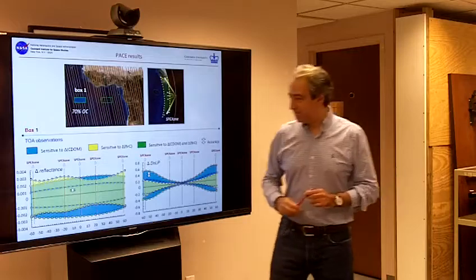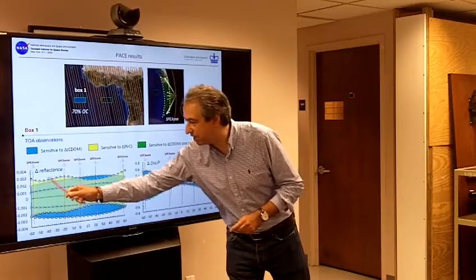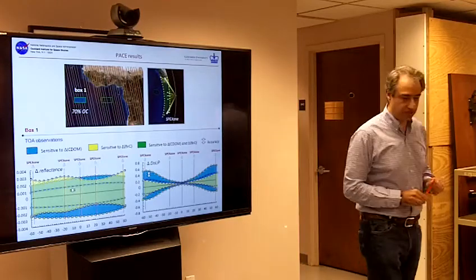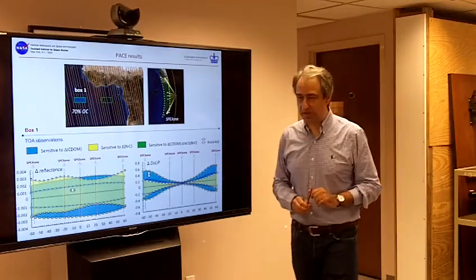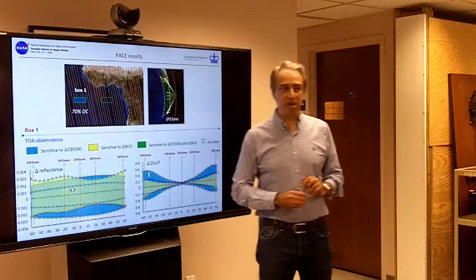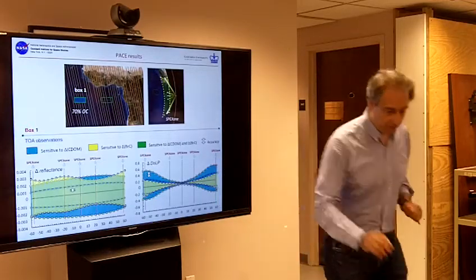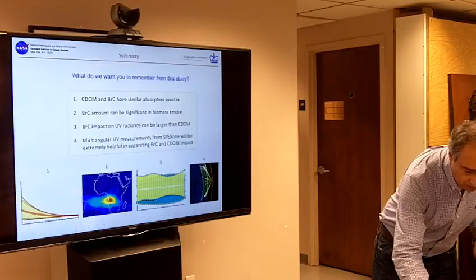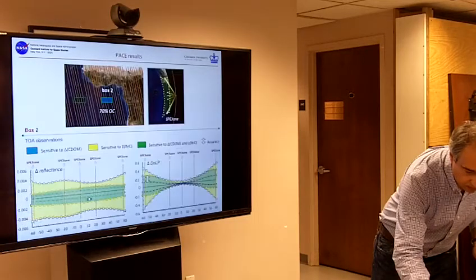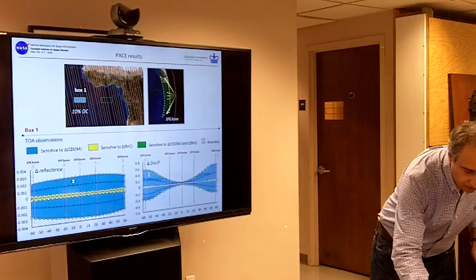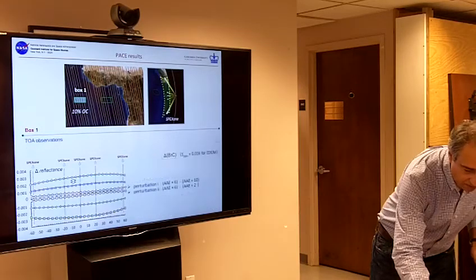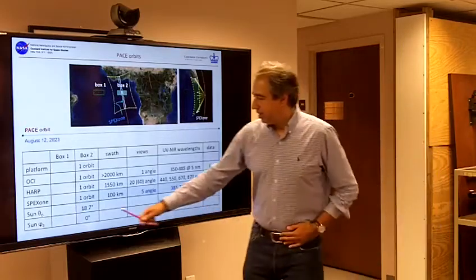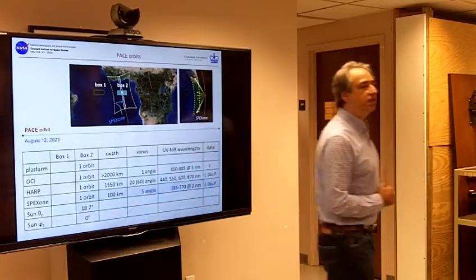That doesn't really explain why you have this bump here. I have to do a little bit more research on that. My suspicion is that, remember that the sun azimuth angle is 0 degrees.